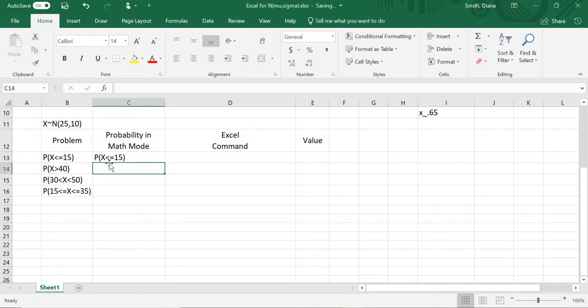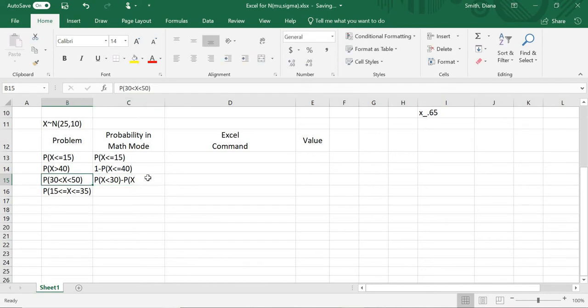So if it's less than or equal to, that's what I want. If I have greater than, I'm going to change it so that it's going to be less than or equal to. So the probability that x is greater than 40 is the same as 1 minus the probability that x is less than or equal to 40. And then just like before, for the probability that x is between two values, I'm going to use a difference of probabilities.